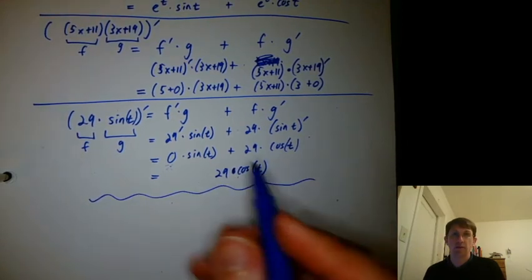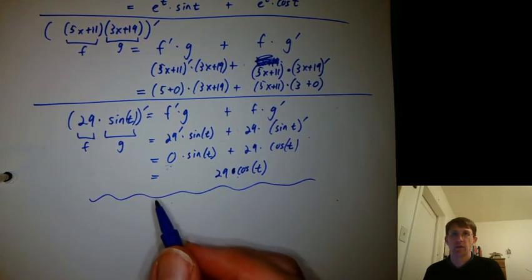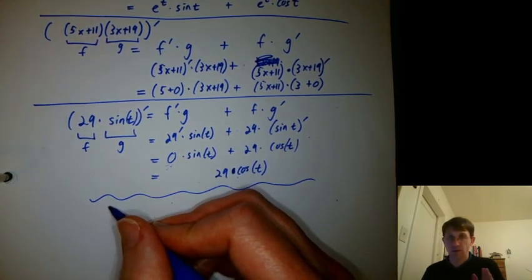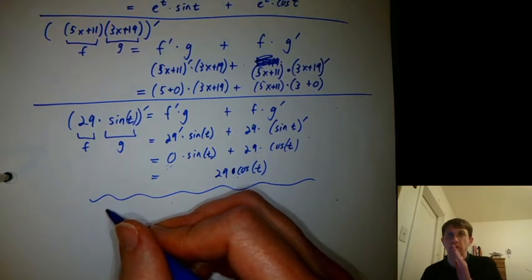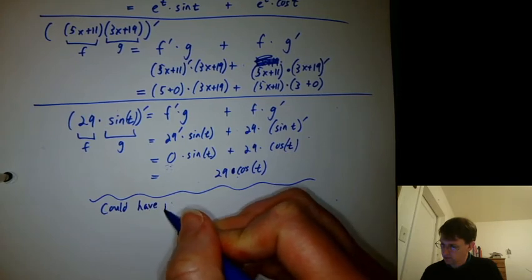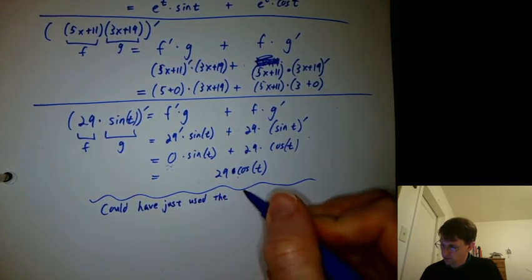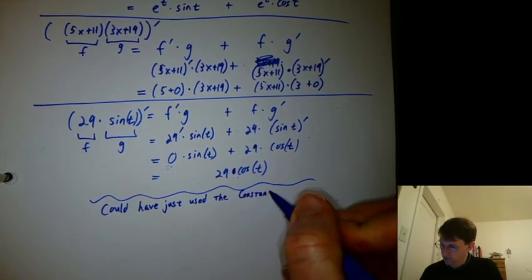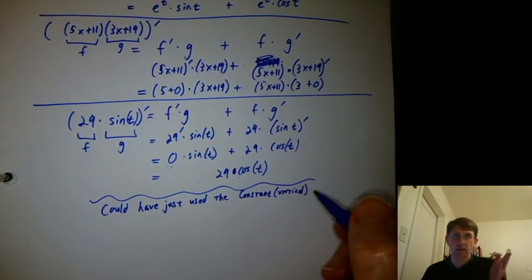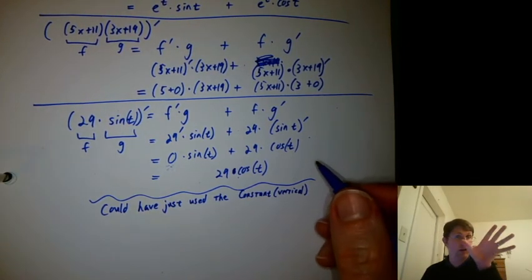Can you think of another way of taking the derivative of 29 times sine of t? Think about that, write it down. Okay. Could we have just used the constant vertical multiplier rule? Now, most books just call it the constant multiplier rule. I like emphasizing that it's a vertical stretch we're applying here, not a horizontal.